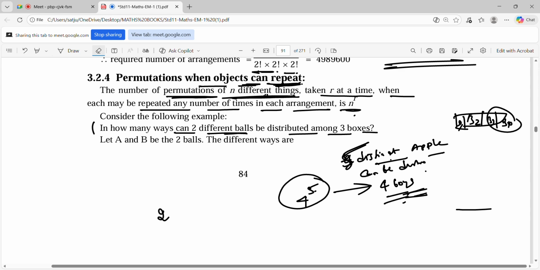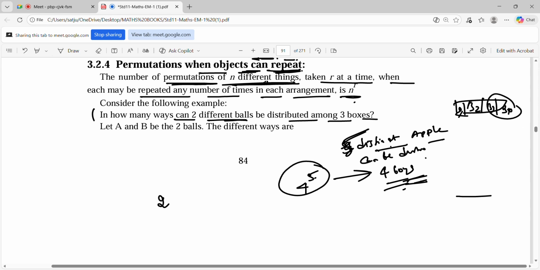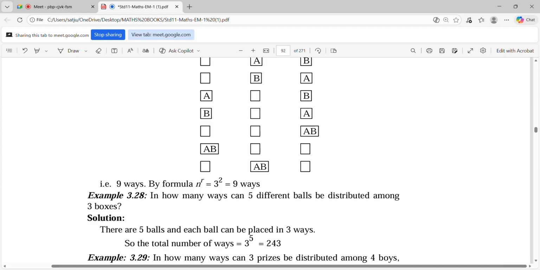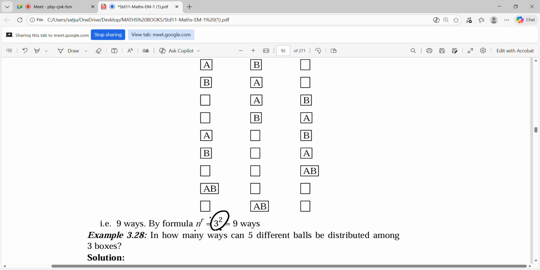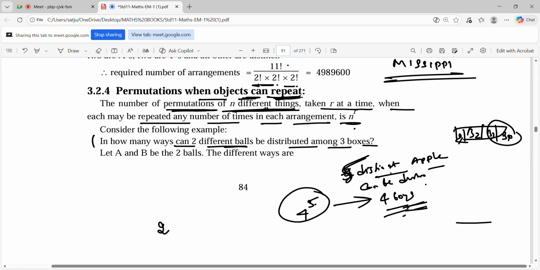Distributed among 3 boxes. Then n power r is nothing but 3 power 2. Can you relate this one? Anybody having a doubt here? Taking 2 at a time, distributed among the 3 boxes.